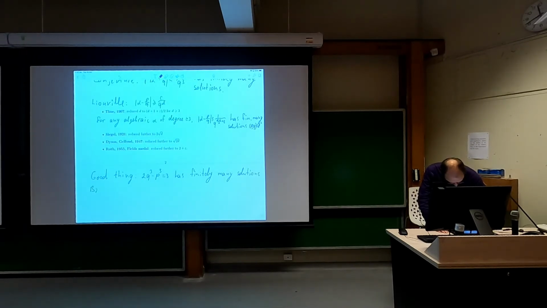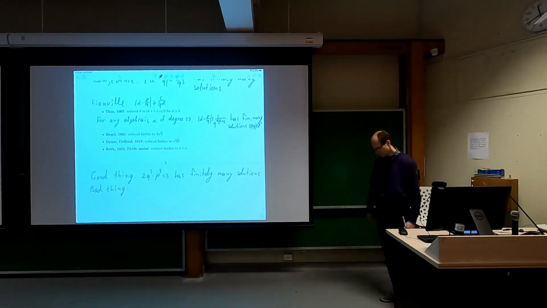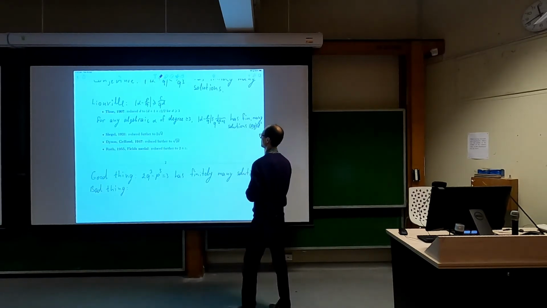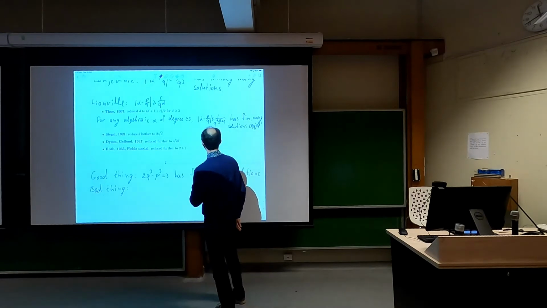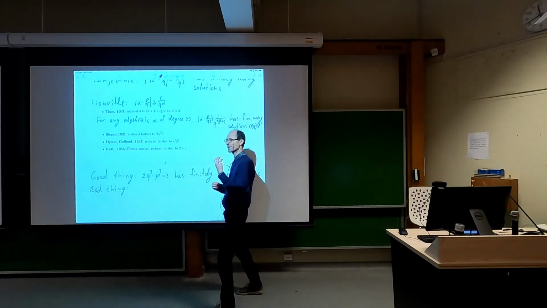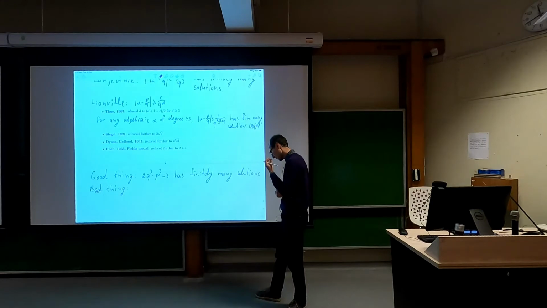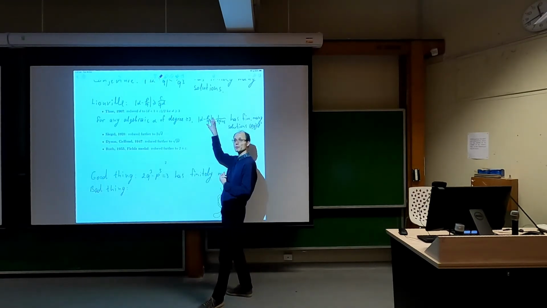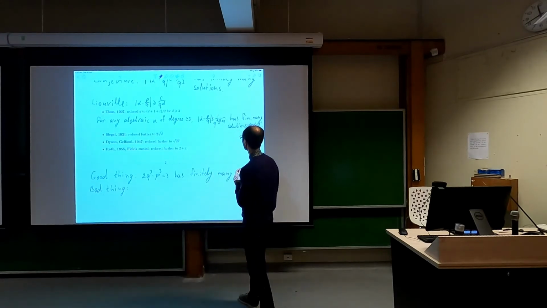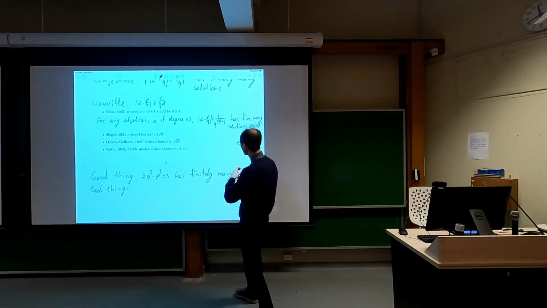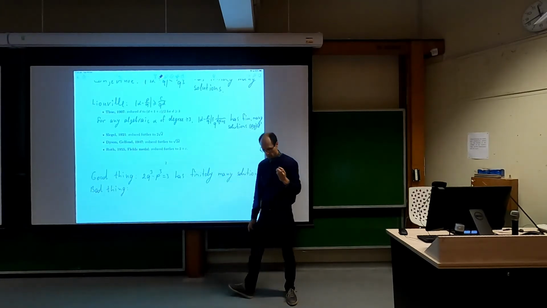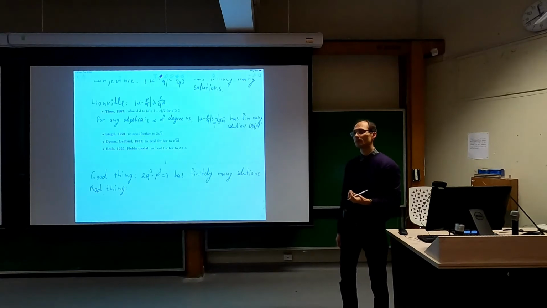The bad thing is, let me explain the bad thing. The very essence of the proof of this result is such that you know that there are finitely many solutions, but there is no way to find those solutions.